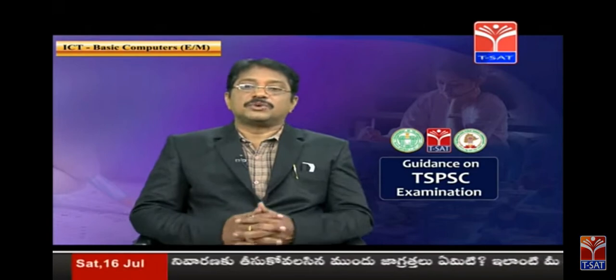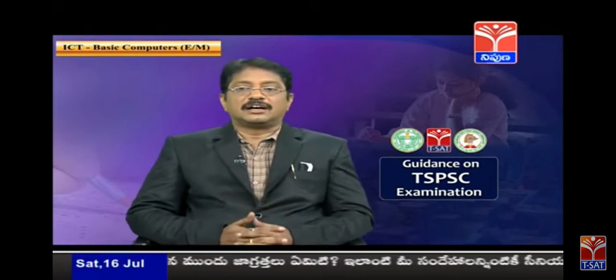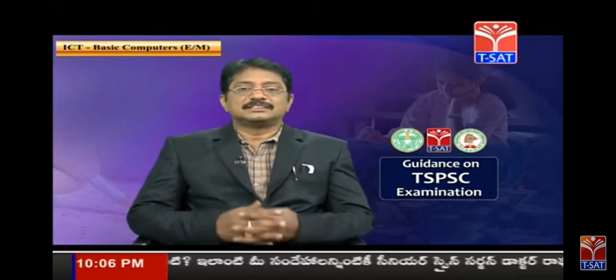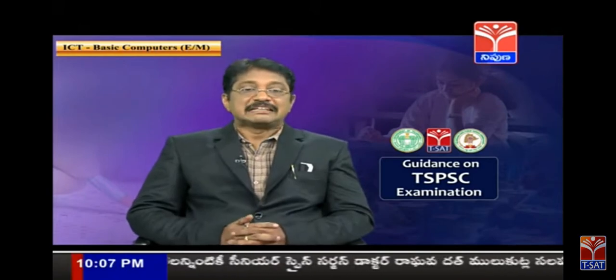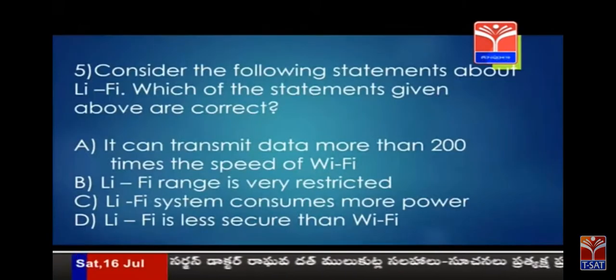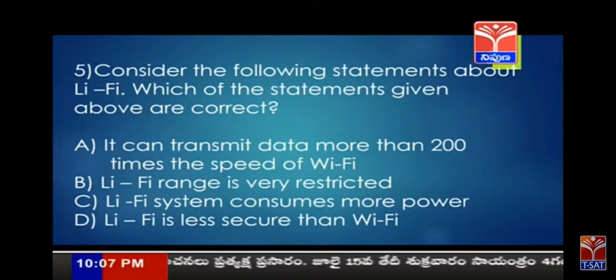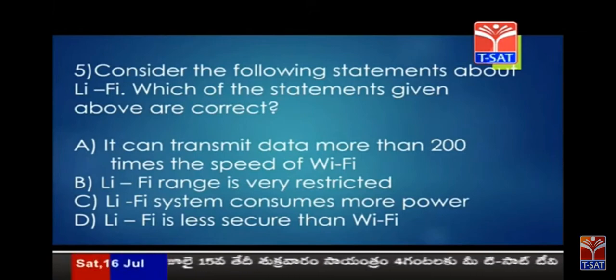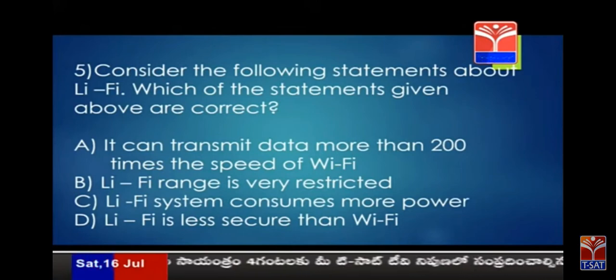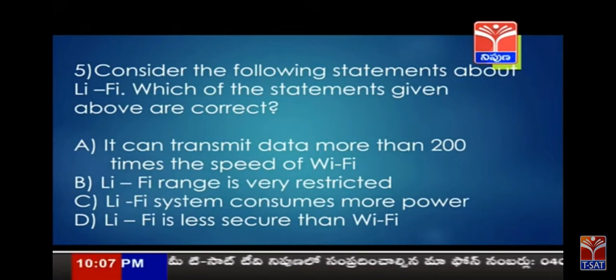Okay. Now we are going to take one more scientific development in the system, that is Li-Fi. Like Wi-Fi, the successor of Wi-Fi is Li-Fi. Consider the following statements about Li-Fi, which of the statements given above are correct. So if you know about 5G technology, you can answer those questions.